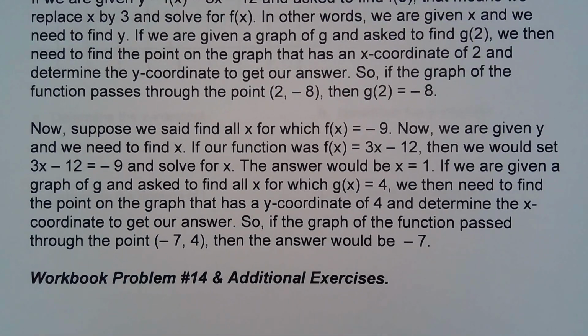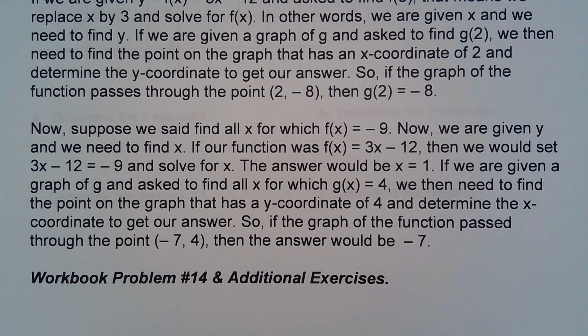Now suppose we said to find all x for which f of x equals negative 9. Now we are given y and we need to find x. If our function was f of x equals 3x minus 12, we would then set the 3x minus 12 equal to negative 9 and solve for x. The answer would end up being 1.